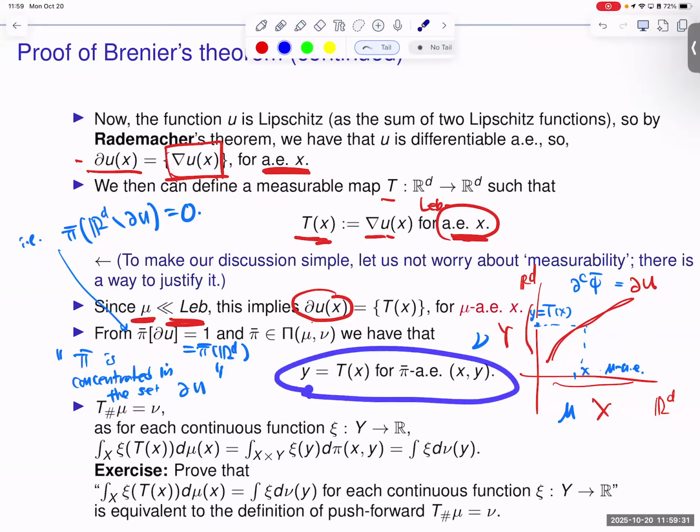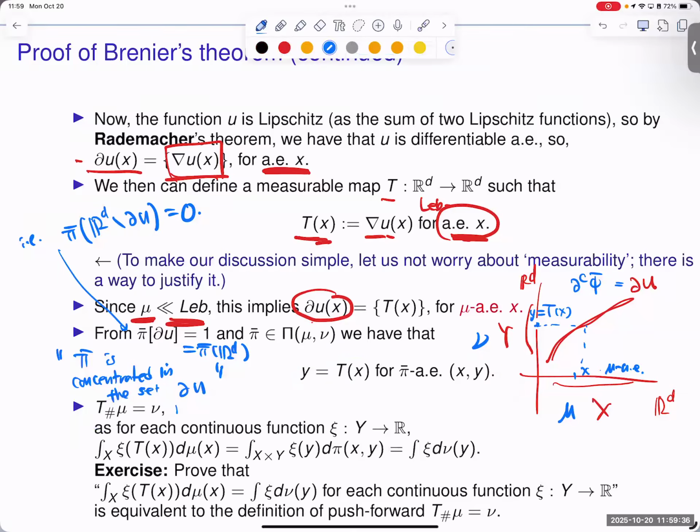So this relation is exactly the same because pi bar has the marginal mu. So just take some time to understand this statement. I'm not going to do the details here. You have to understand this too.